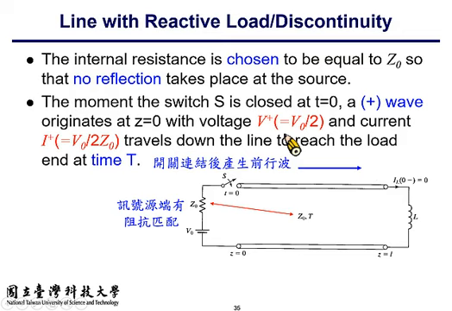Well, it will provide a voltage signal and current signal as V plus and I plus. So you will have V plus and I plus signal, which suggests they are going from left to right, the forward-going part starting from z equal to 0, from the left end of the transmission line, and propagating toward the right.